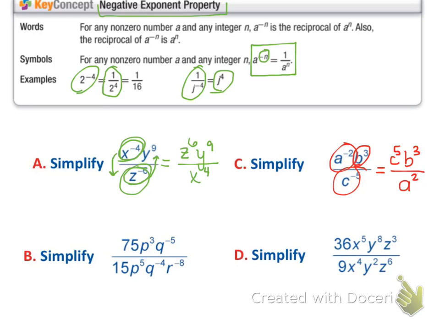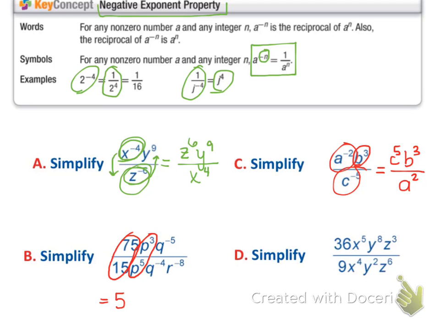Okay, 75p cubed, q to the negative 5, over 15p to the 5th, q to the negative 4th, r to the negative 8. All right, what can we do here? I'm going to start by looking at the normal numbers. 75 divided by 15. What does that give us? Do you know? Well, it gives us 5. So that's in my numerator now, because it's the whole part. Now, the p's, those are common bases.